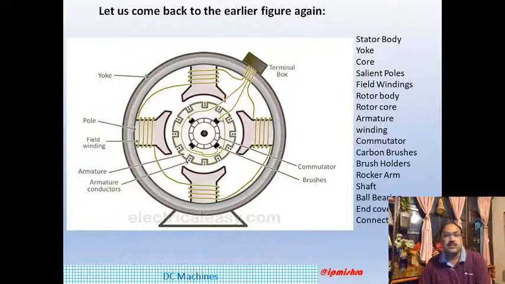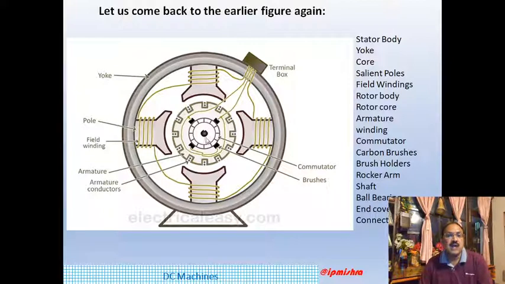Carbon brushes are placed on interpolar axis. To hold these carbon brushes, we have arrangements of brush holders and rocker arms, spring, all these things, and those rocker arms are fastened to the stator body.